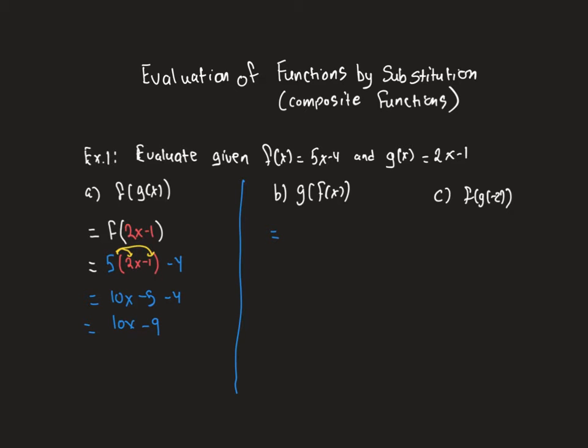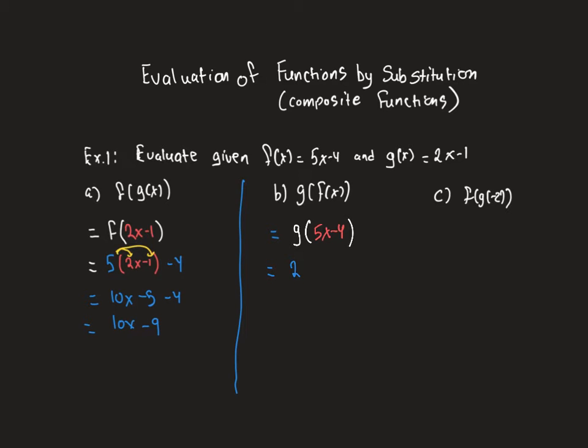So once again, g of f of x is the same thing as saying g of 5x minus 4. Remember, you always want to make sure you are putting in what you are substituting first. I'm putting in different colors so you realize that's what you're putting in. Alright, equal. So you're going to start with the 2.